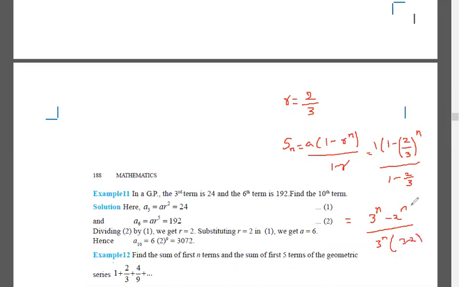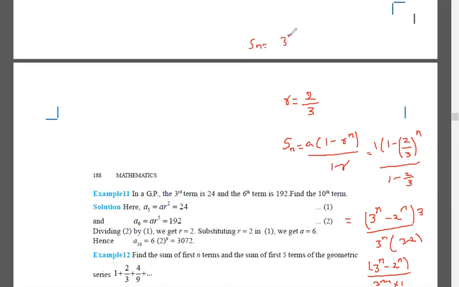Now 3 will go here. So if you see this, it is nothing but 3 to the power n minus 2 to the power n divided by 3 to the power n minus 1, into 3 minus 2 is 1. So the answer is the Sn. I'll just write Sn over here.